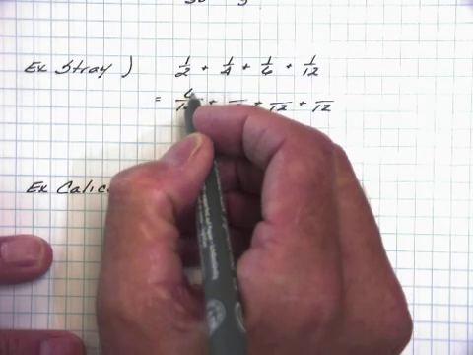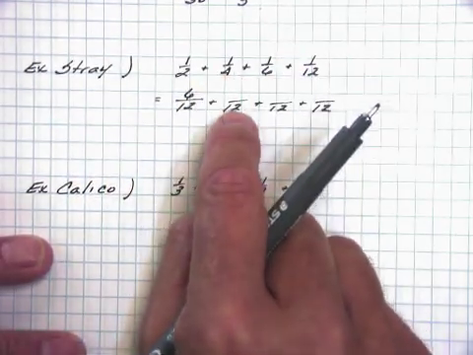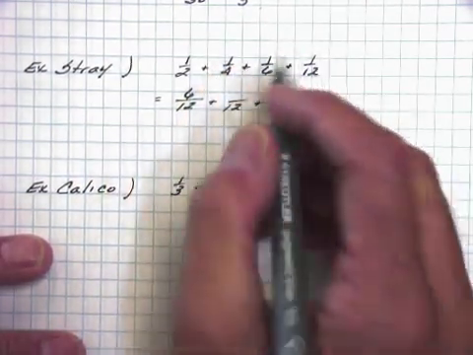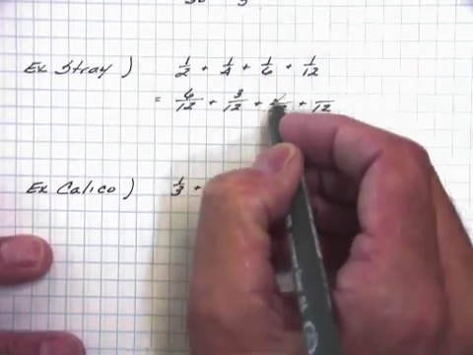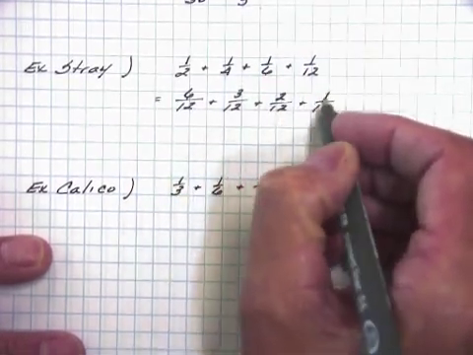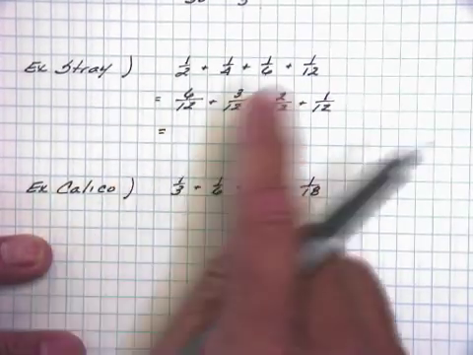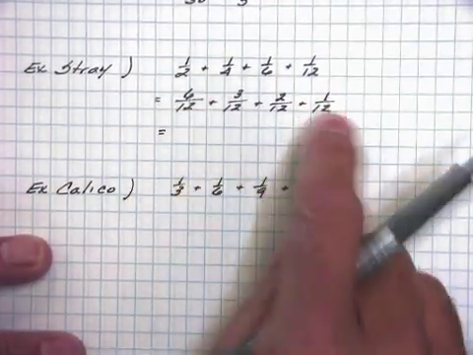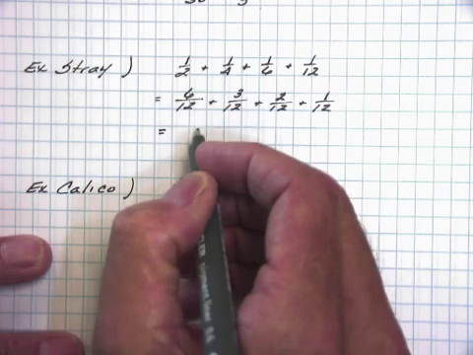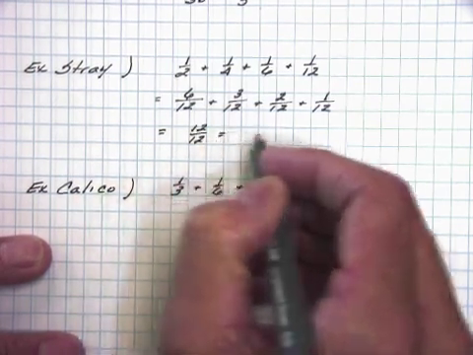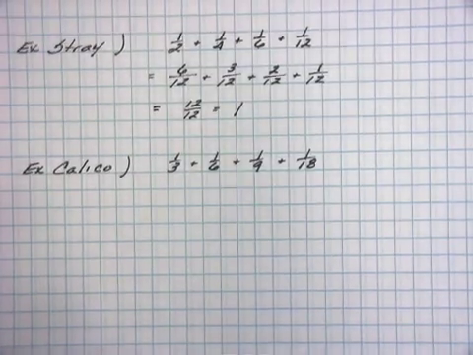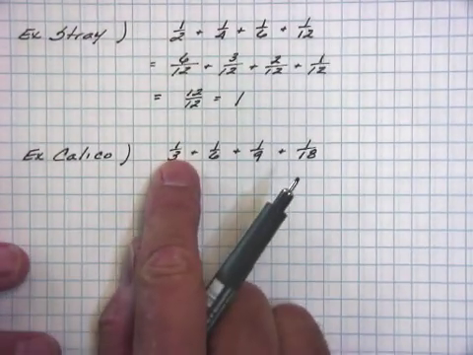Now, to go from 2 to 12 is times 6, so 1 times 6 is 6. To go from 4 to 12 is times 3, so 1 times 3 is 3. From 6 to 12 is times 2, and then we have 1 there. Add up the numerators because the denominators are the same, and we get 12 over 12, which equals 1.